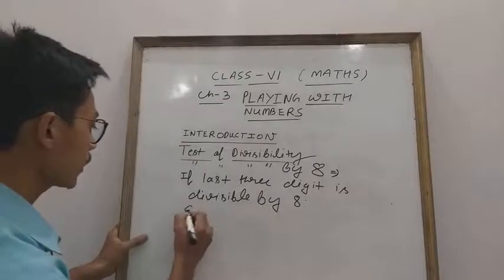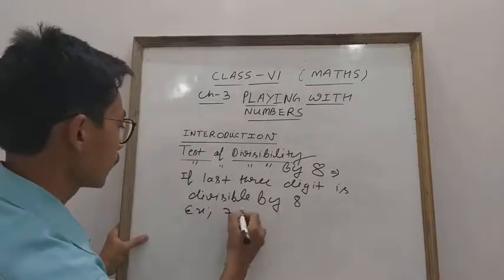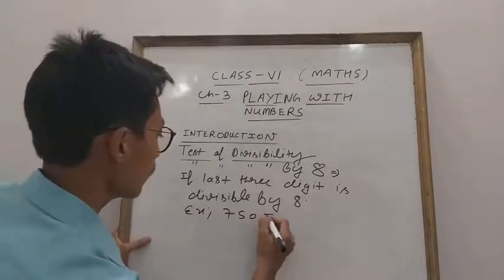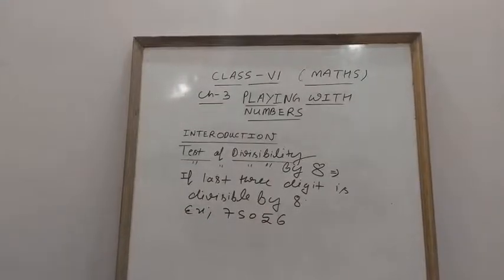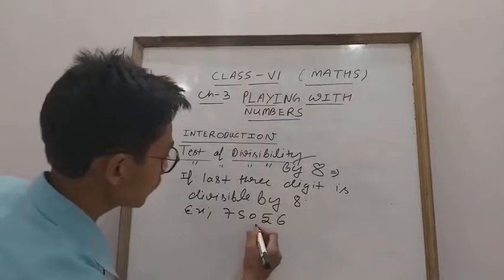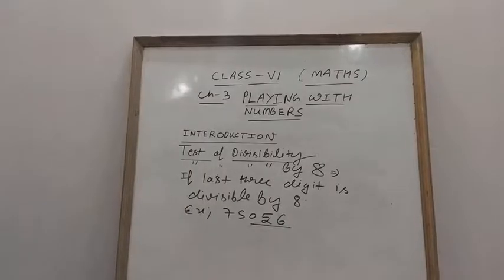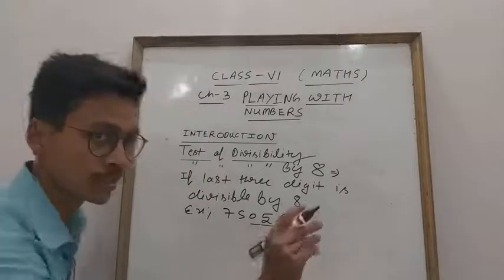For example, I am taking 7 5 0 5 6. Let us assume this is our example, and you have to check whether the number is divisible by 8 or not. How will you check, student? The last 3 digits are 056, and you know that 56 is divisible by 8.